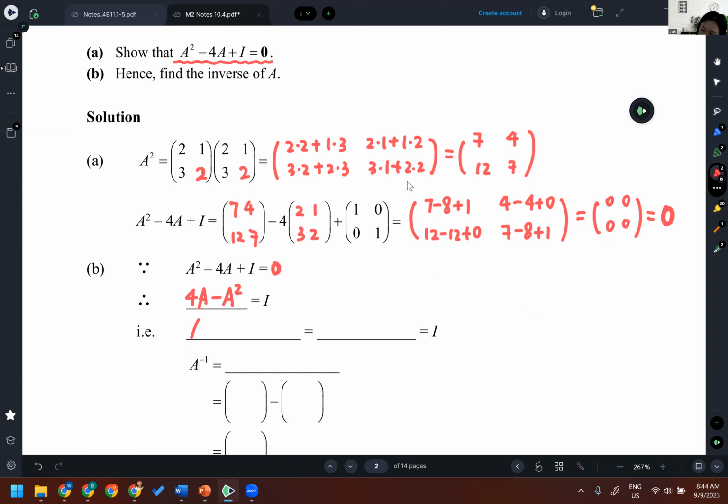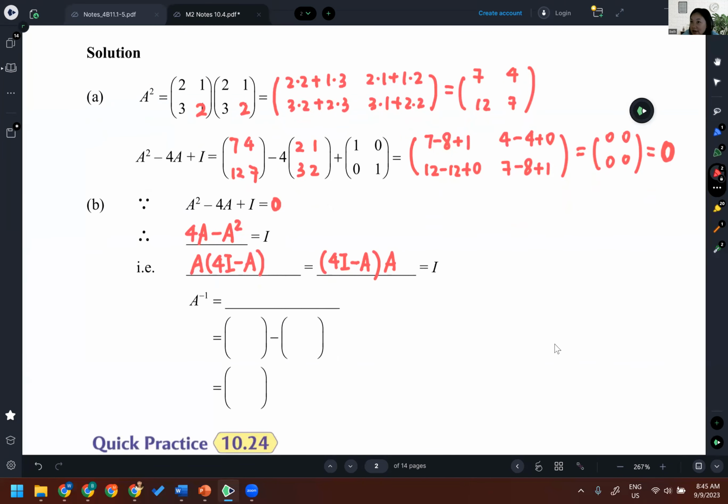Therefore, if I take out A, I will have 4I minus A. And also, if I take out A on this side, I also have 4I minus A. So from this multiplication, 4A minus A squared equal I, I can find another matrix in this case. It's 4I minus A. Multiply A on the left or multiply A on the right, both equal to the identity.